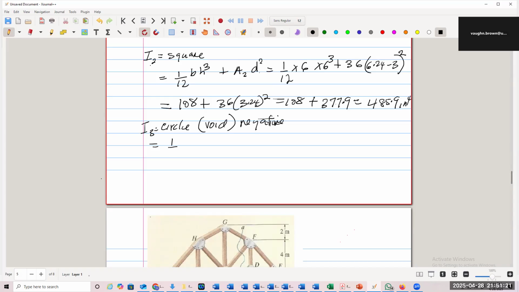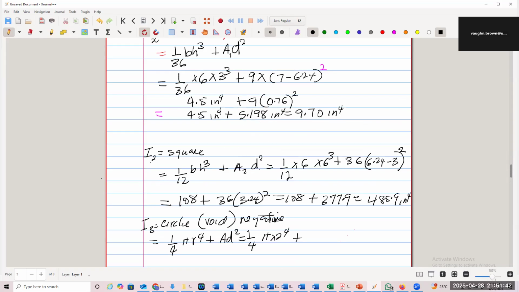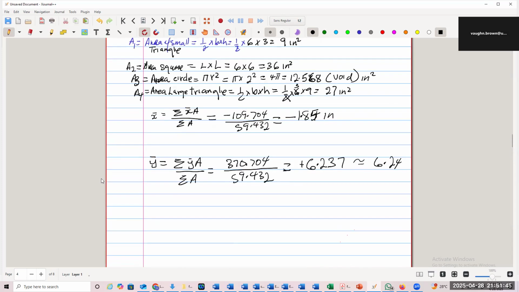It's a quarter times pi r to the fourth plus A times d squared. Let's jump into it. A quarter times pi, the radius is already 2, so it's 2 to the 4. Plus, what was the area of the circle? It was 12 point something, some figure up here.